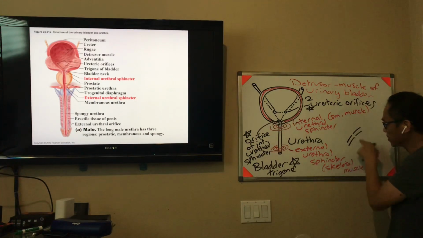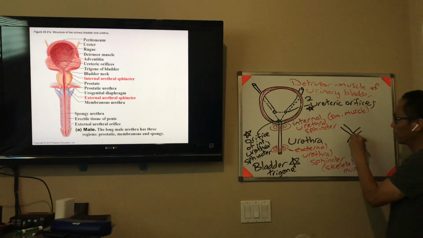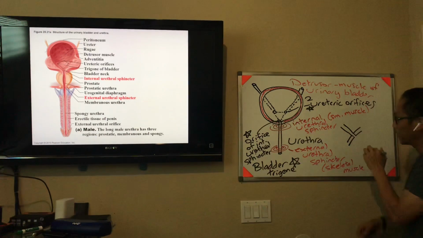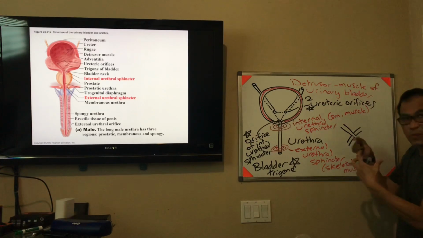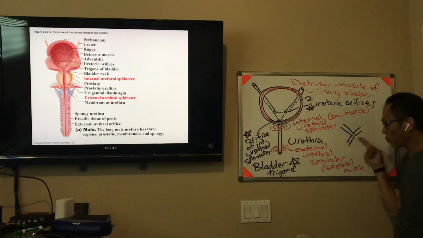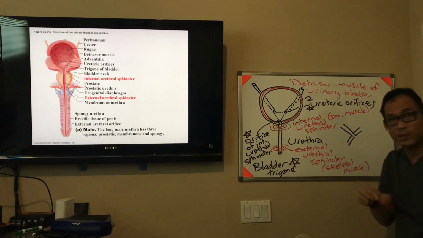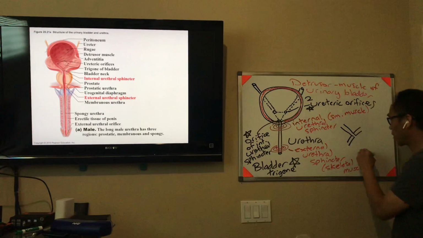It doesn't do this, it doesn't punch through at a straight angle there. Because as the bladder fills with urine, it stretches the wall, and if it's at a perpendicular angle, it won't shut that orifice off. And you don't want urine backwashing up your ureters. So you want to enter at an oblique angle.